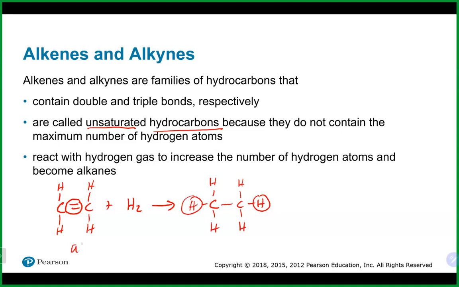And again, we go from an alkene to an alkane. So by adding hydrogen in, you will make an alkane from an alkene. And as you can probably imagine, if you removed hydrogen, which would be the opposite of that reaction, you would go from an alkane to an alkene, right? So that is when we remove hydrogen from an alkane.